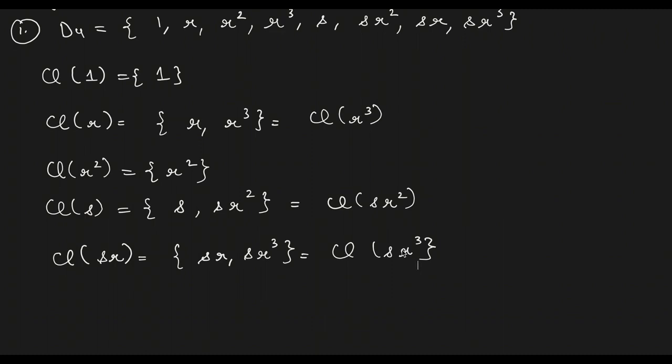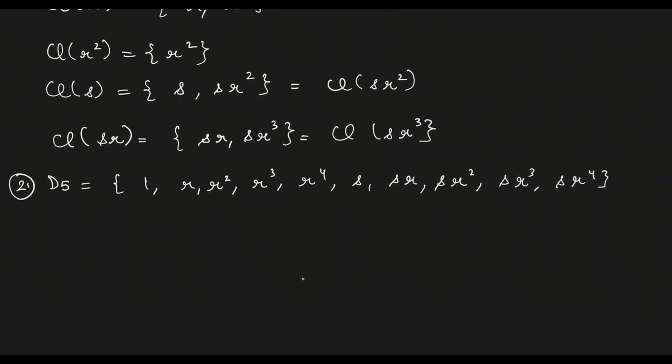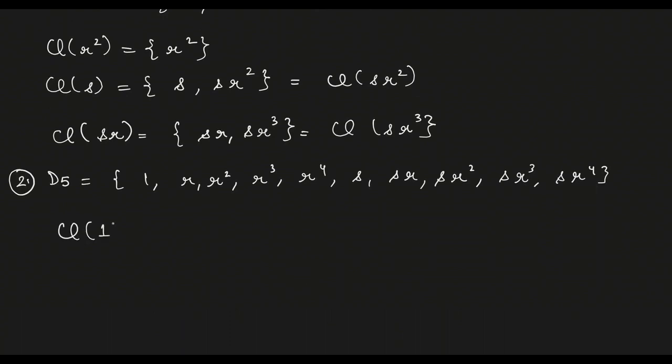Next, D5: 1, R, R square, R cube, R to the power 4, S, SR, SR square, SR cube, SR to the power 4. Class of 1 is singleton 1 only.